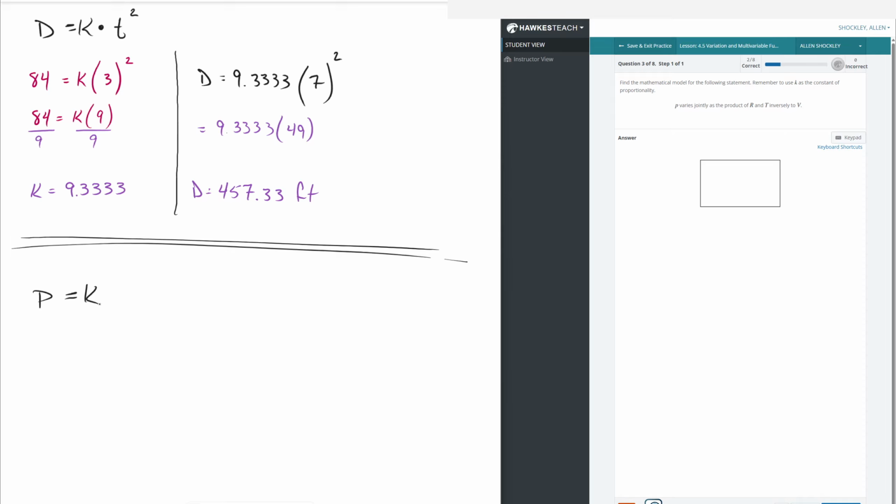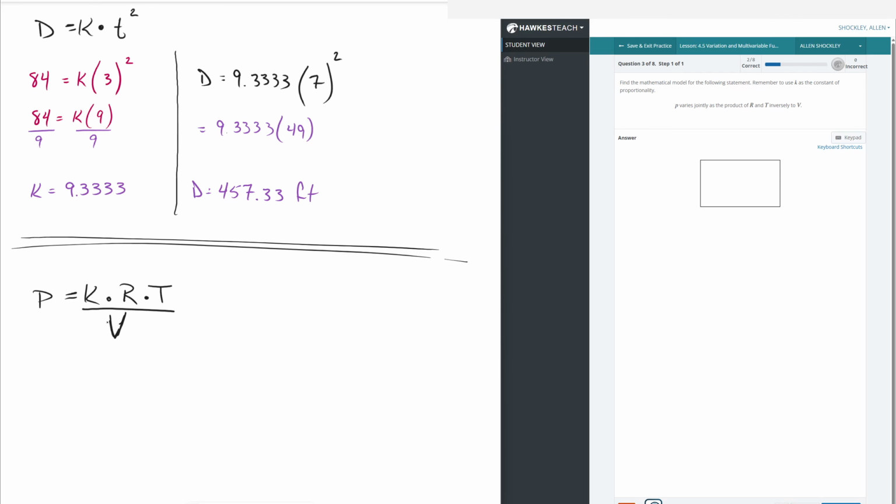The product of r and t, so we're going to take k, multiply it by r, and also multiply that by t. Inversely means to divide. We're going to put this all over whatever is inversely proportional to it, in this case, v.